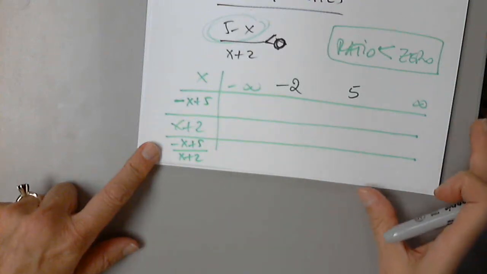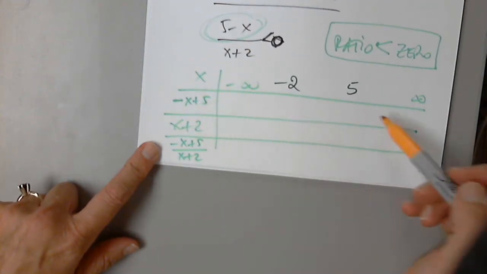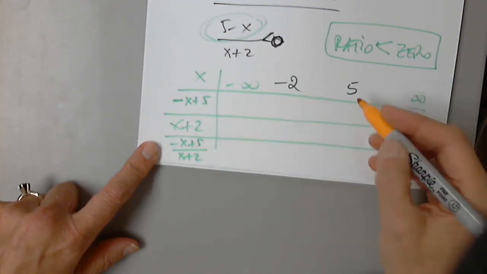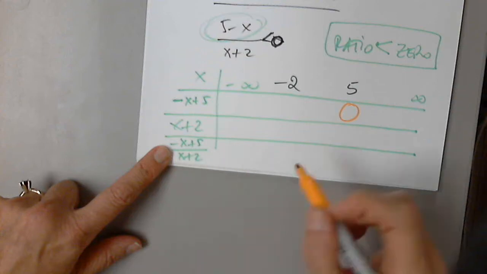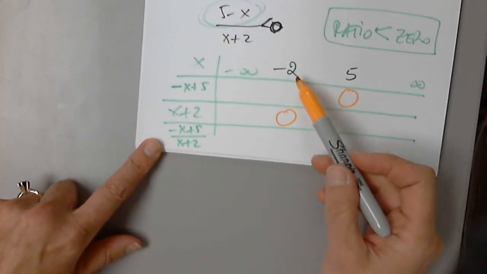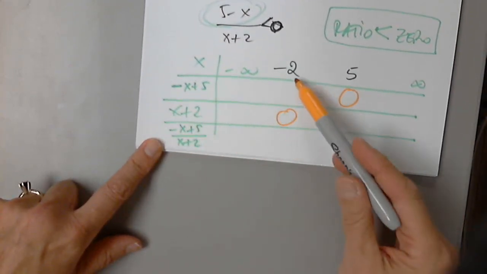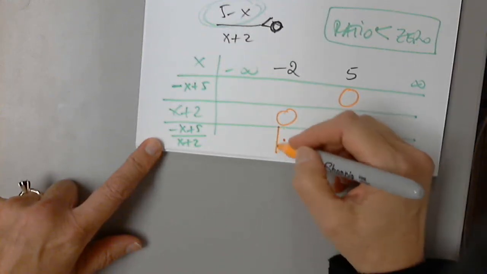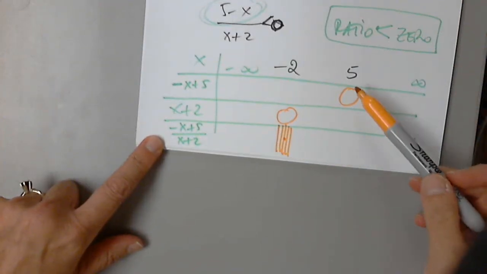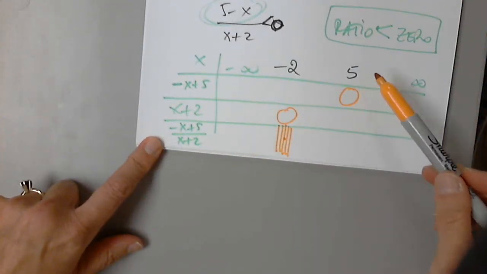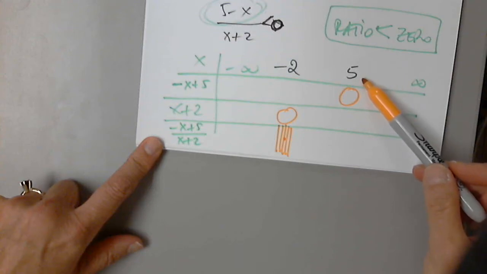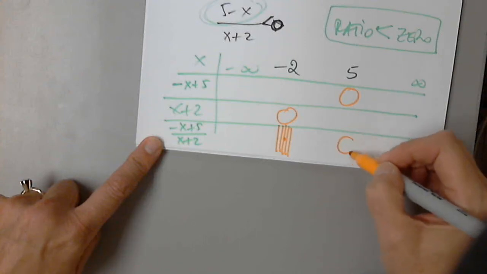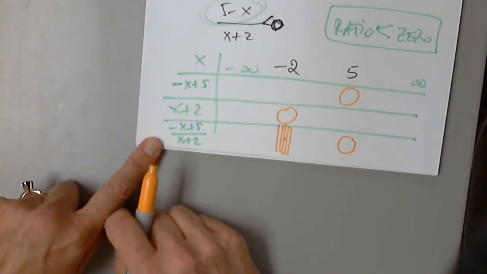The denominator cannot be 0. Now what happens to the ratio when x is negative 2? Very good, undefined. And what happens to the ratio when x is 5? Very good, 0 divided by a number is 0.